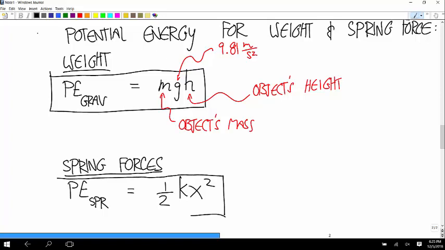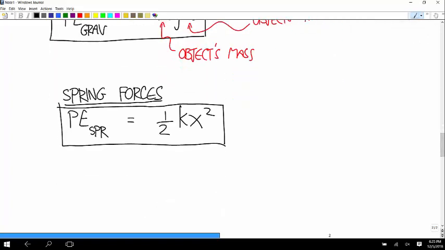Write down what these mean. k is called the spring stiffness. If you have a spring that's really hard to stretch, that has a big value.